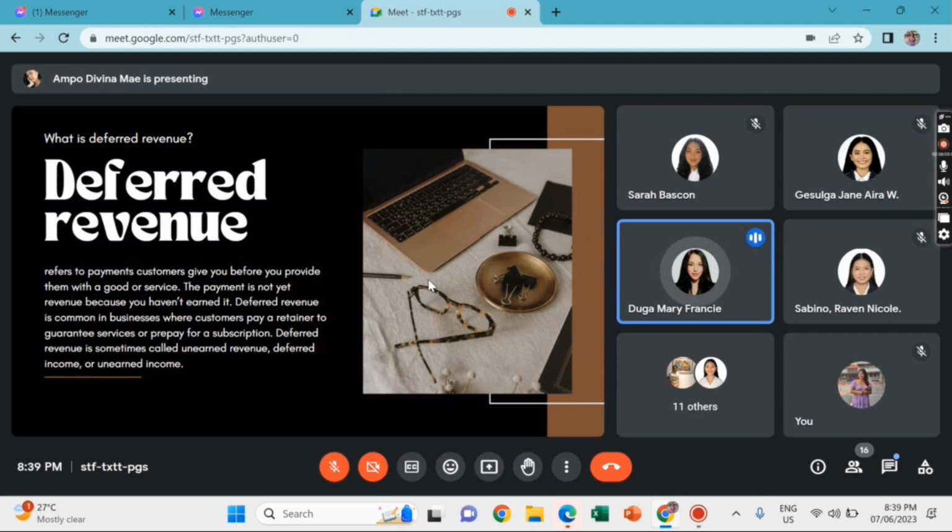The payment is not yet revenue because you haven't earned it. Deferred revenue is common in businesses where customers pay a retainer to guarantee services or pay for a subscription. Deferred revenue is also called unearned revenue, income, or unearned income. Next slide, please.